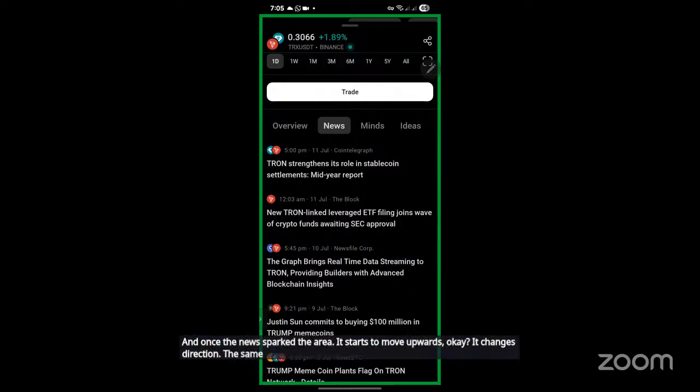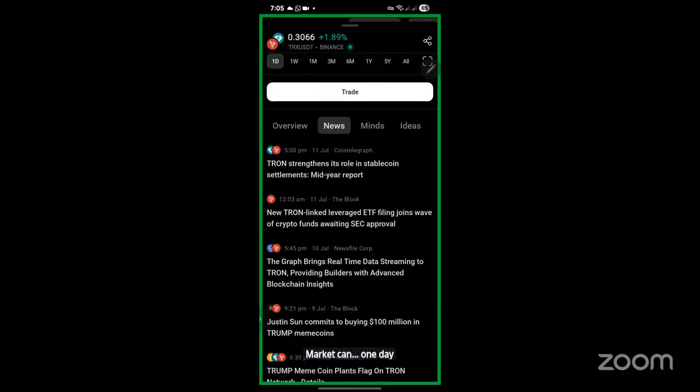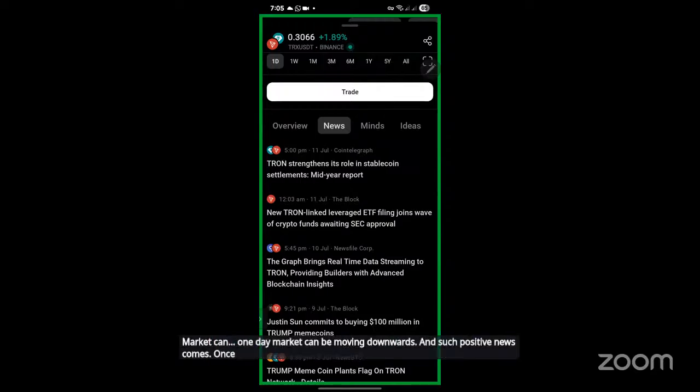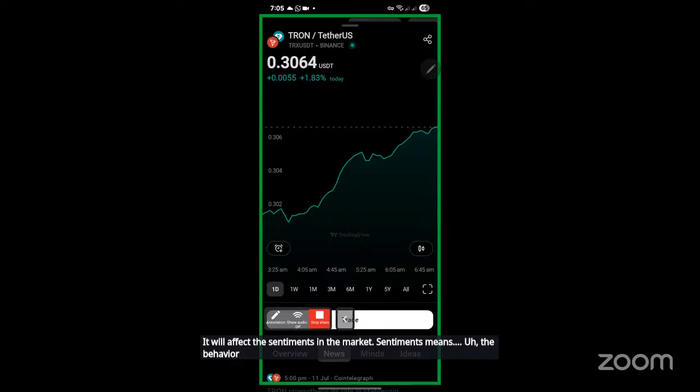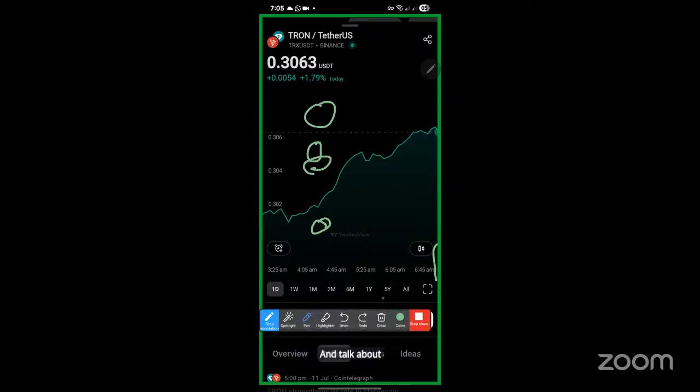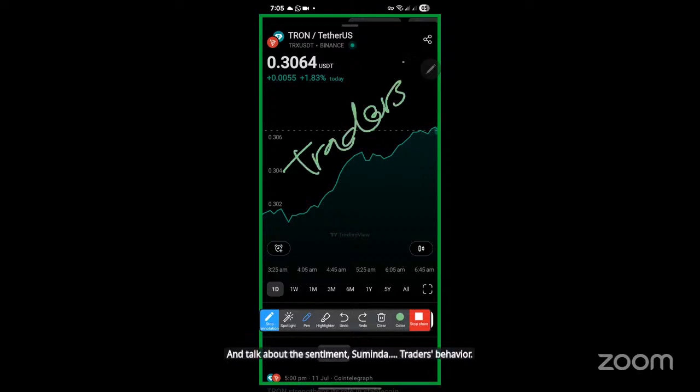In the same way, the market can be moving downwards one day, and such positive news comes. Once it hits the market, it will affect the sentiments in the market. Sentiments means the behavior of traders. When you talk about sentiments, we mean the traders' behavior. News can change the traders' behavior, and once that happens, it means the market has to be bullish.